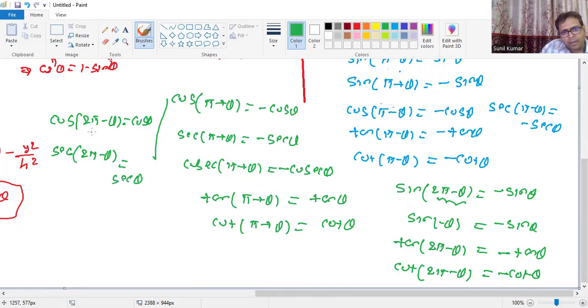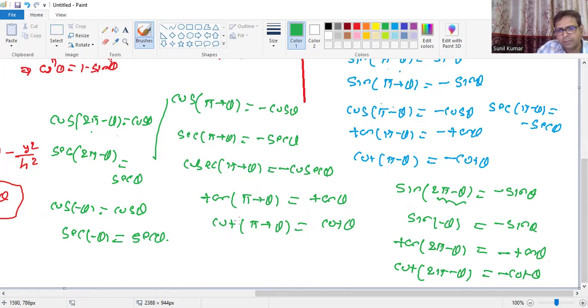And we know that 2 pi minus theta we can write as minus theta, so cos of minus theta is cos theta, and sec of minus theta is also sec theta. So these are the identities here.